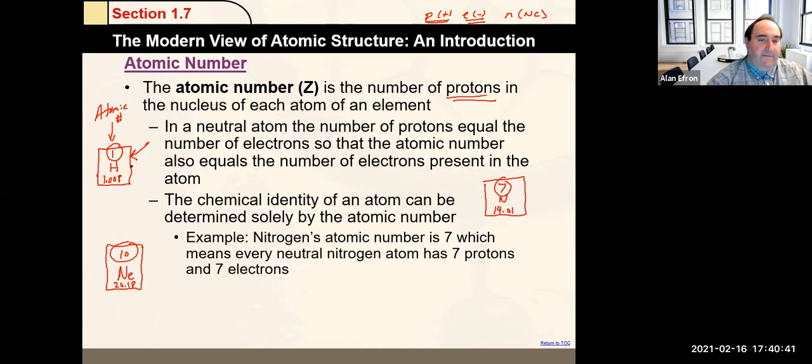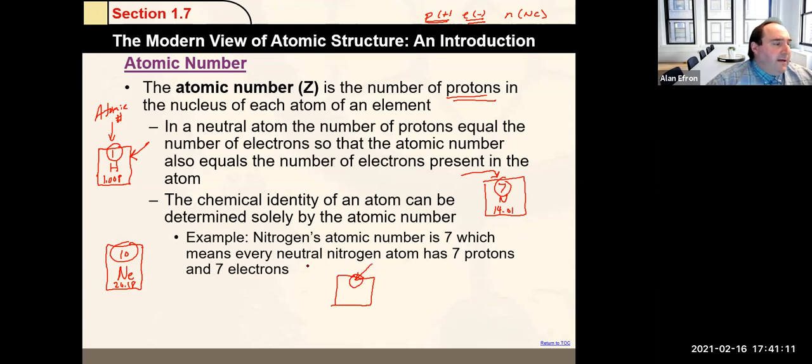Again, positive and negative balance each other out, and you could definitely identify an element by its atomic number. If we look up nitrogen on the periodic table, we will see the number 7 above it, and that tells us automatically that nitrogen has 7 protons. If it's neutral, it would also have 7 electrons. If you look at all the atomic numbers in the boxes on the periodic table, there is not a number that repeats.